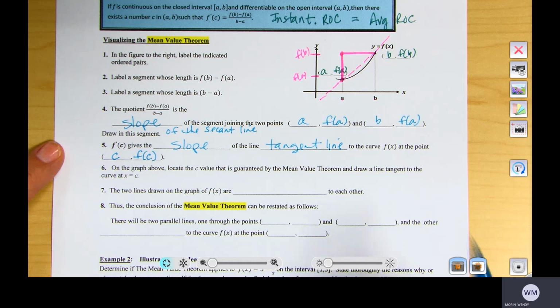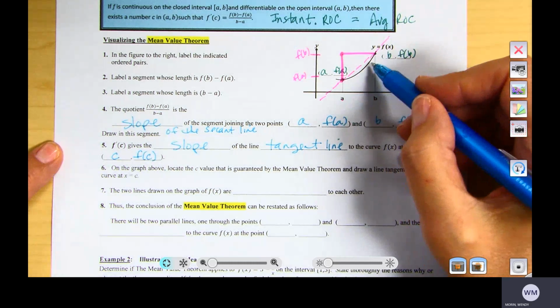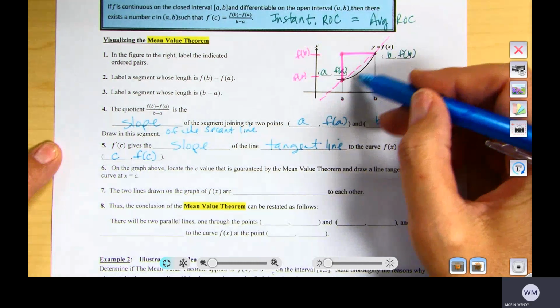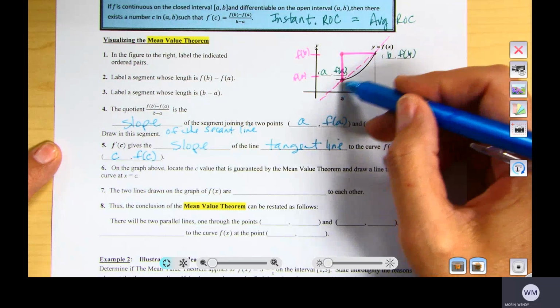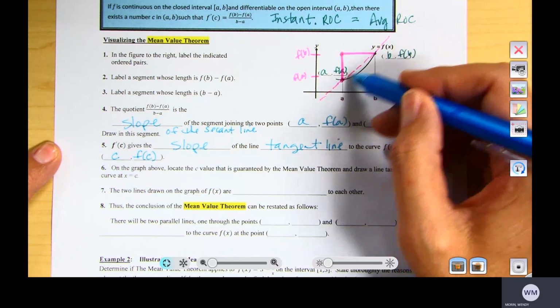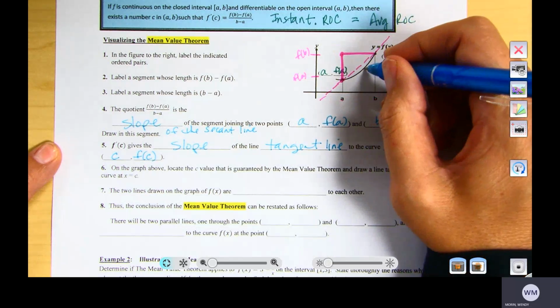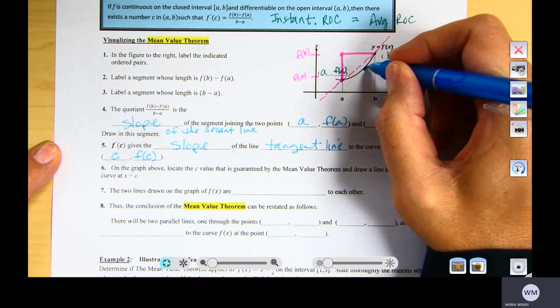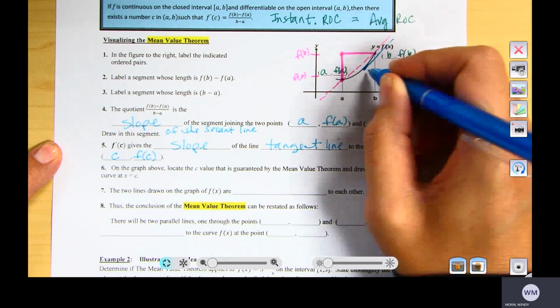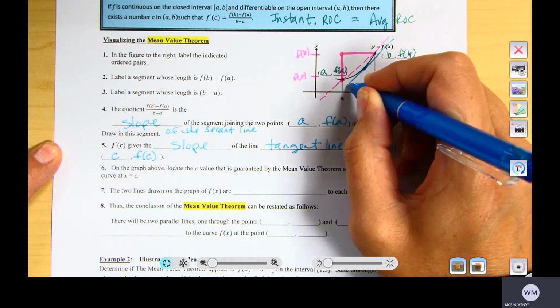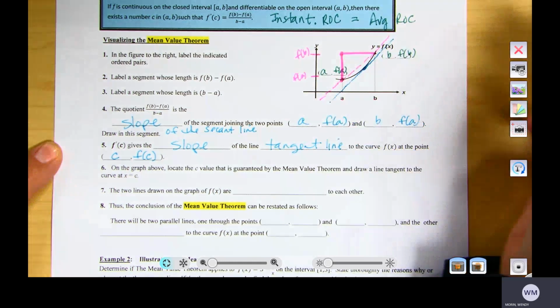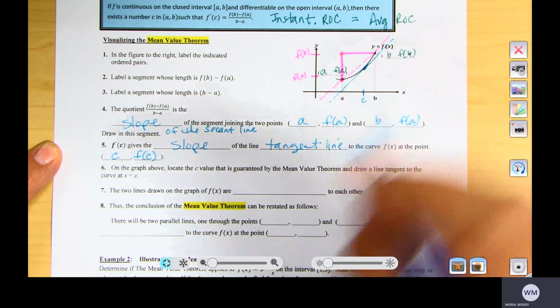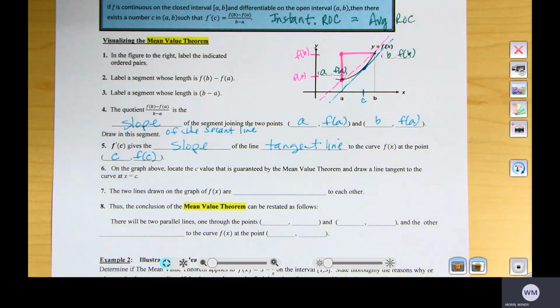So can you estimate where the tangent line would be the same or equal to this slope of the secant line? Do you see? Again, that's an estimate. Those slopes look the same or close, right?